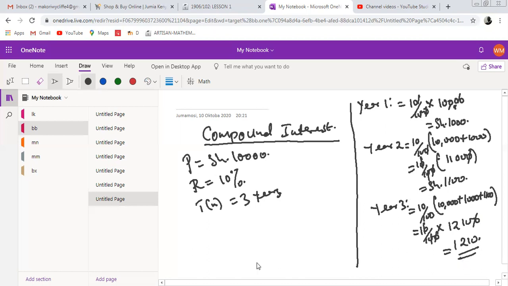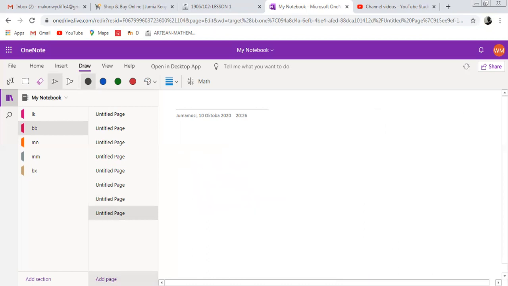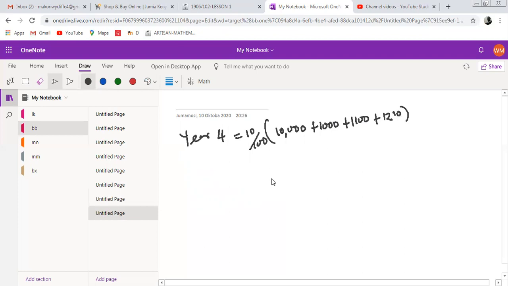If, for example, we were to go to the next year, that is year four, the interest would be 10% times 10,000, which is our principal, plus 1,000, which is the interest for year one, plus 1,100 for year two, plus 1,210, which is the interest for year three.